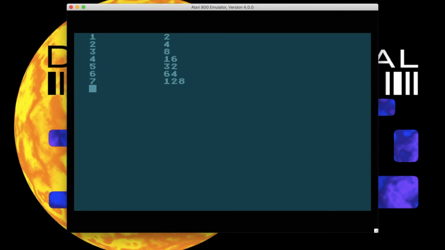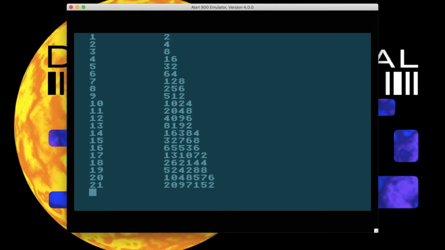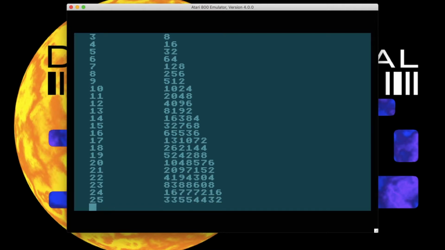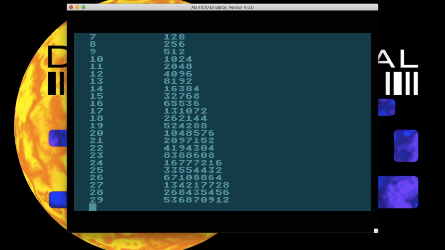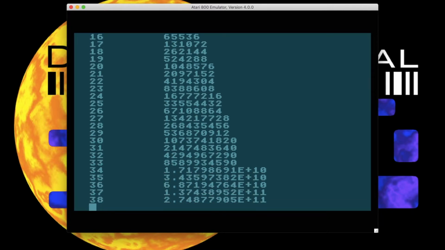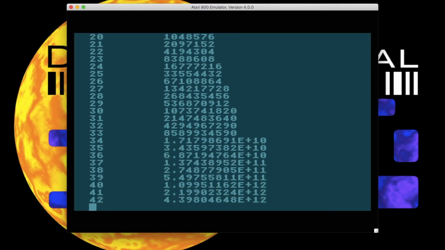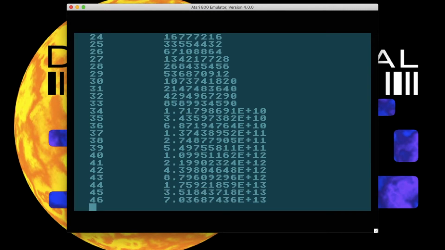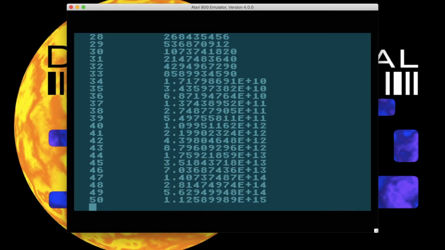There we go. So it looks like 33 bits. We're using 33 bits. Break.